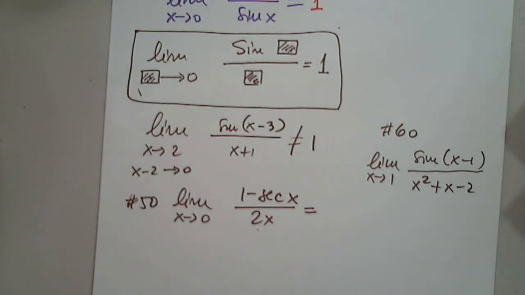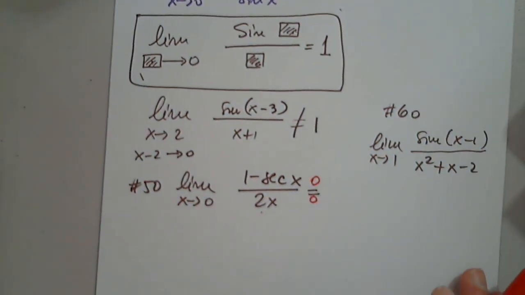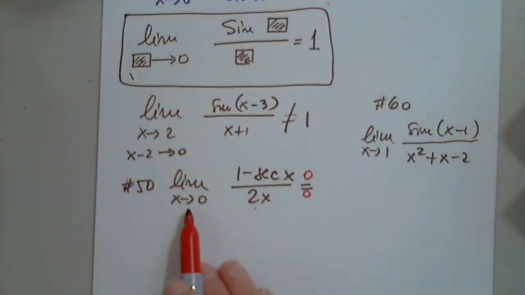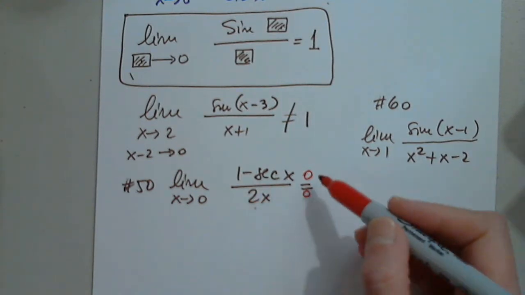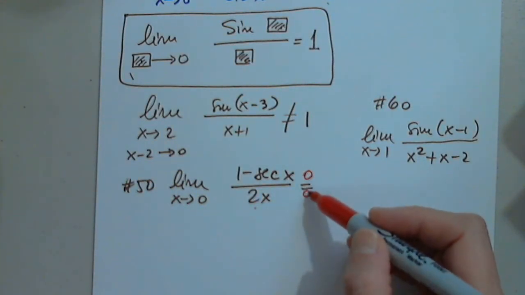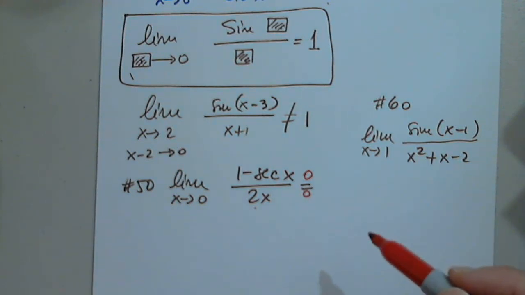Zero and zero. Exactly. So all conditions for L'Hopital's rule are fulfilled. The limit is there. This is a ratio. It's one of the allowed indeterminate cases, 0 over 0 or infinity over infinity.